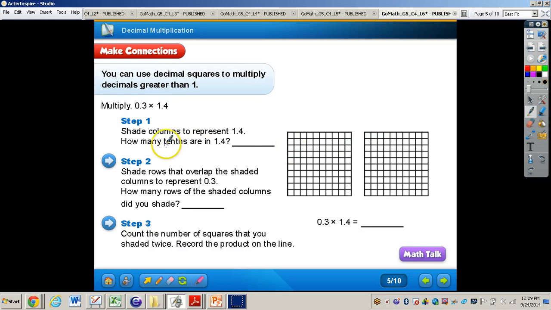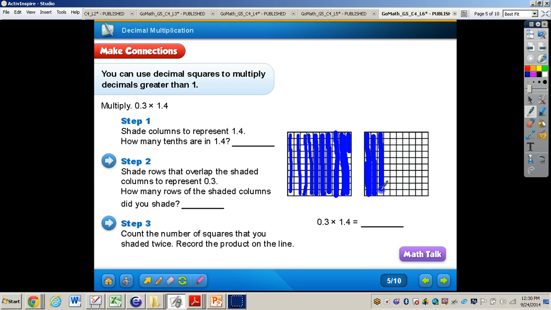So the first thing we're going to do is shade columns to represent 1 4/10. So what we will do, we will shade one whole, and I want you to do that. So one total whole here, representing the 1, and then 4 representing the other part, 4/10.